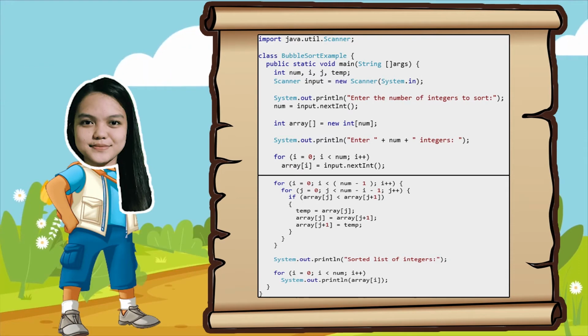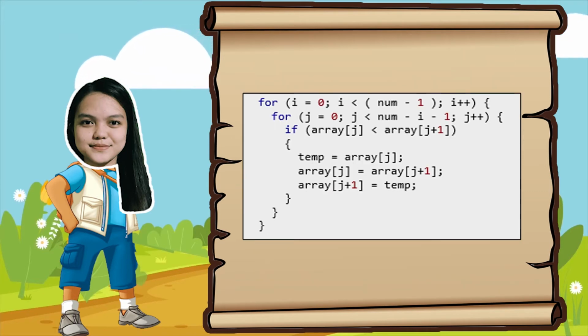Meanwhile, in order to sort in descending order, we just need to change the logic: array[j] is greater than array[j+1] to array[j] is less than array[j+1]. This is a bubble sort program for sorting in descending order. The algorithm of this code for descending order is: for i equals 0, i less than num minus 1, i plus plus.